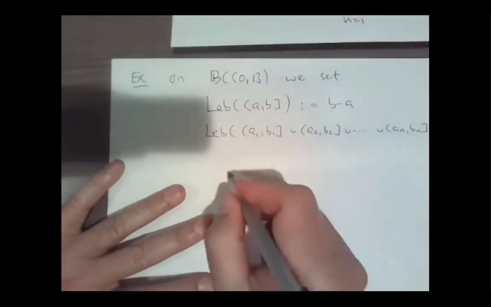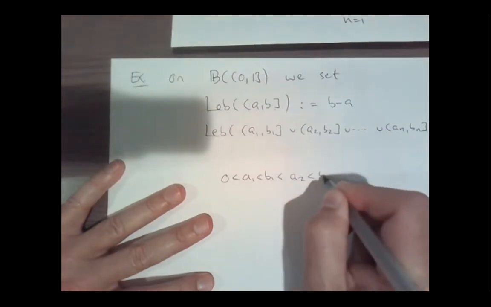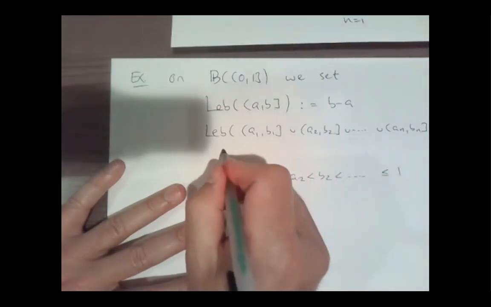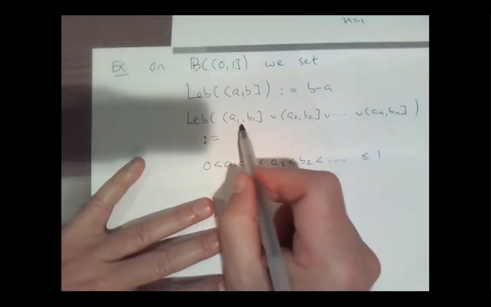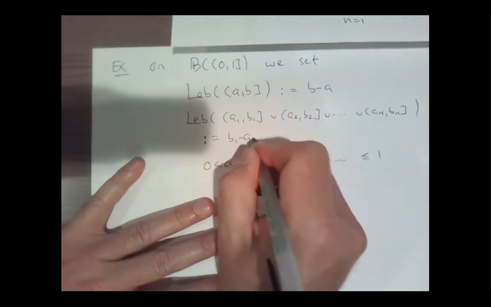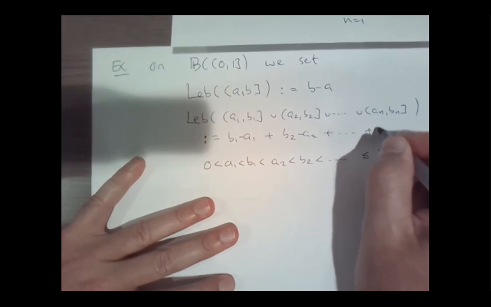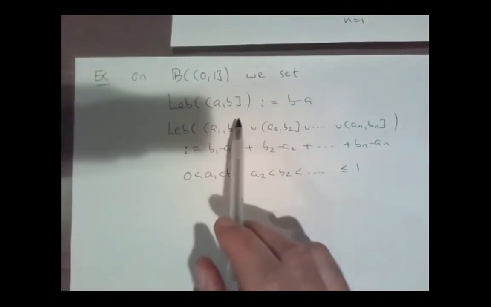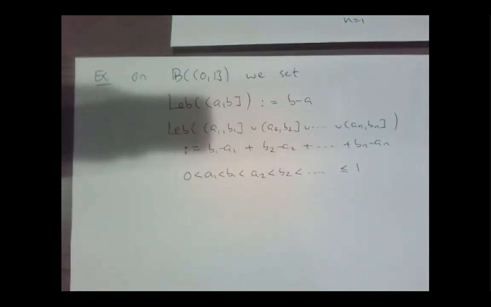What will I do here? I will say that a1 is less than b1, is less than a2, is less than b2, all the way up. These are all disjoint intervals, so how much length do I have here? I'll take b1 minus a1 plus b2 minus a2 plus all the way down to bn minus an. So here I have given meaning to length when I measure these half-open intervals.